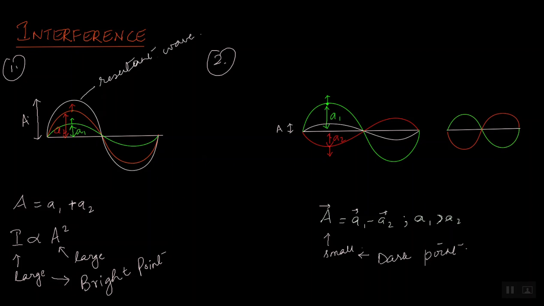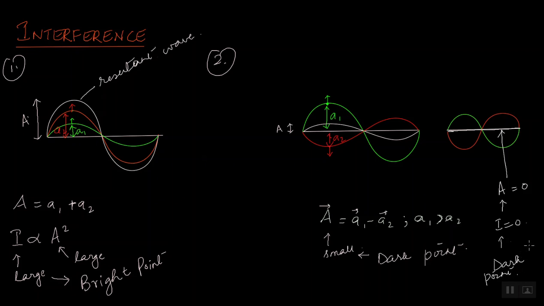The resultant wave will be along this line. It will be along this line. Okay, so that is the resultant wave. It is not a wave only. Got it? And so what is the amplitude of the resultant wave? Amplitude of the resultant wave will be 0. So the intensity I will be 0. So what kind of a point is this? This is a dark point.